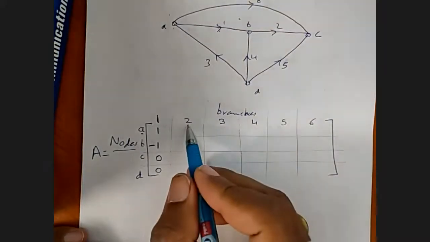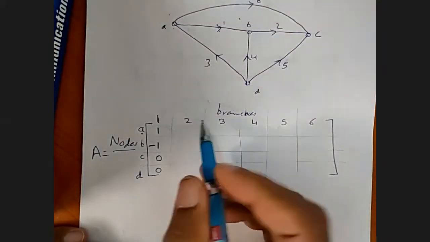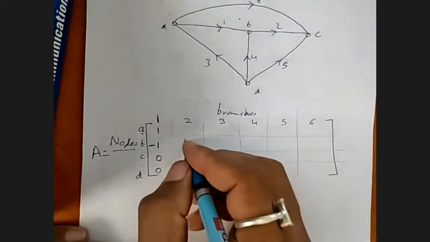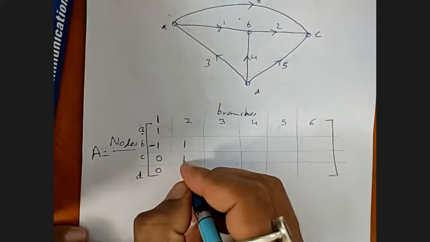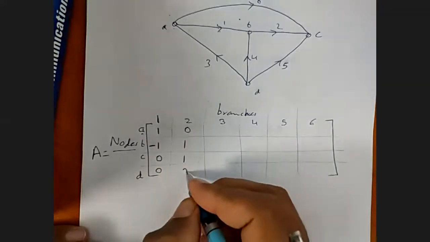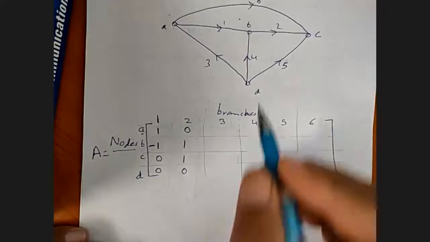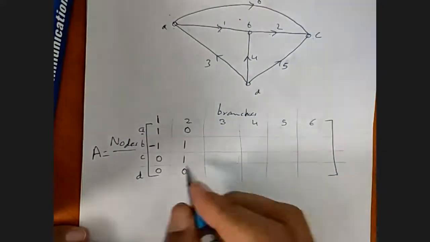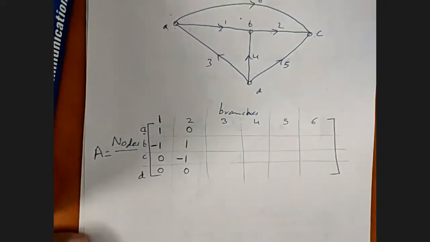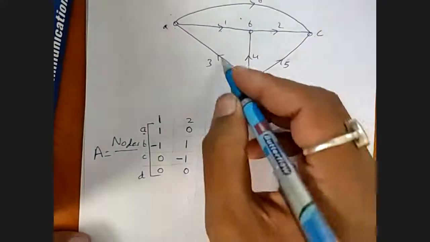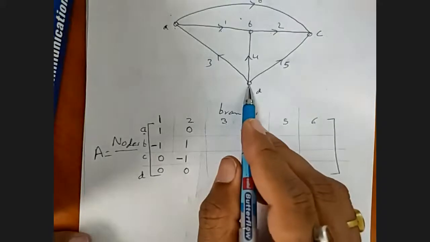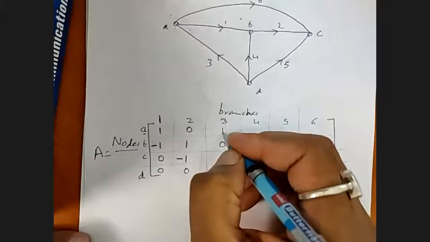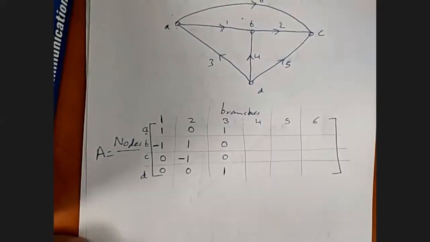Then branch 2. Branch 2 is connected between B and C. So at B and C it will be nonzero, and A and D it is 0. At B it is outgoing, that means positive. At C it is incoming, that means negative. Branch 3 is connected between A and D. That means B and C will be 0, A and D nonzero.